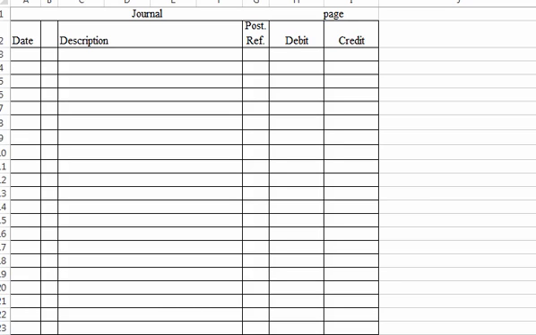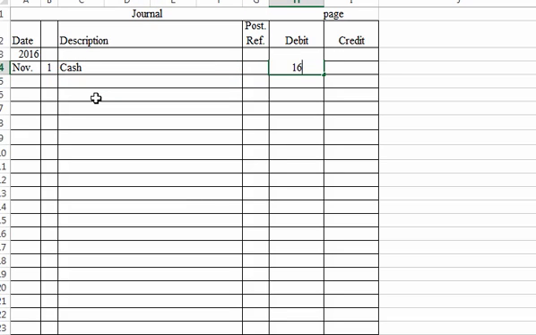Number one, prepare the journal entry for the issuance of the note by Quantum Technology. Well, that was in 2016, and this would have been on November 1st. Okay, they borrowed $16 million, so they now have more cash.